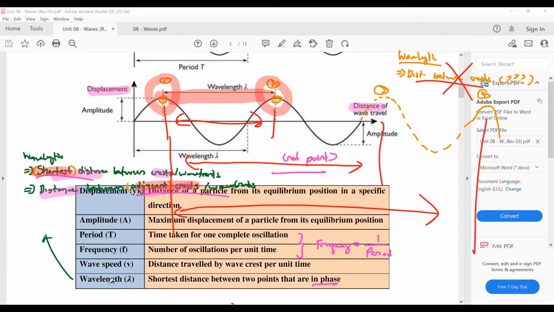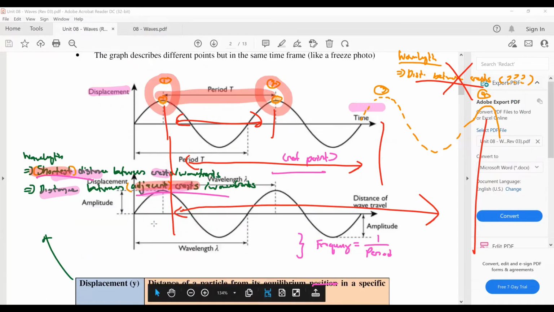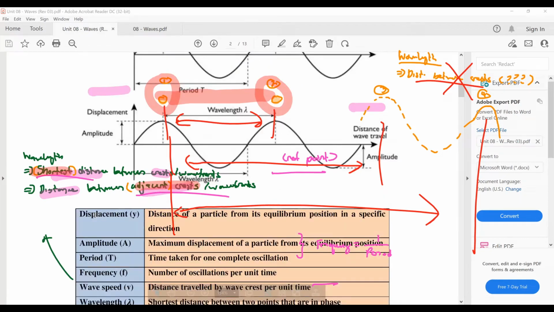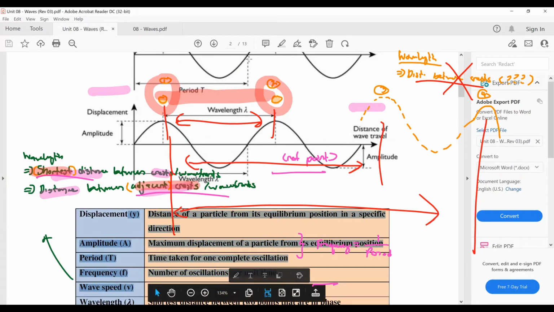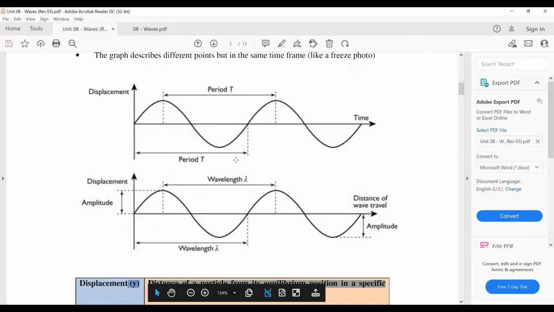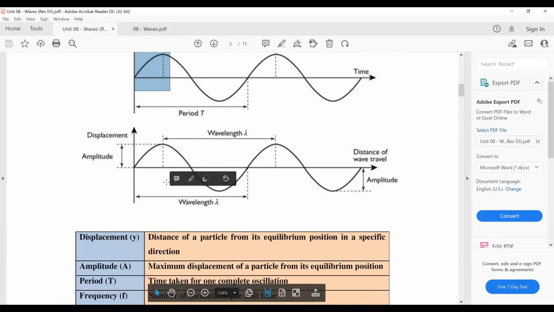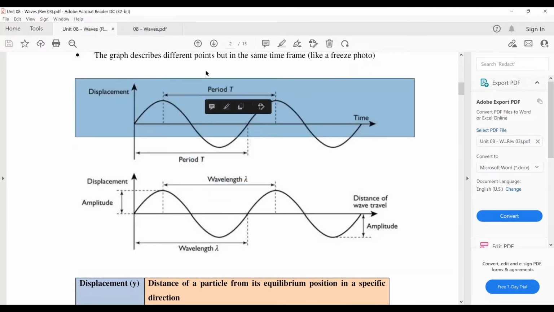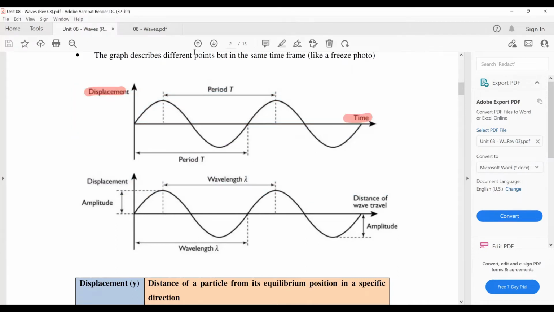So that is wavelength. From your displacement-time and displacement-distance graphs, you can find out all these properties. Displacement you can see from both graphs. Amplitude you can also see from both graphs. Period can only be found from a displacement-time graph, because you need to look at the x-axis value, and only the displacement-time graph has the unit of time.